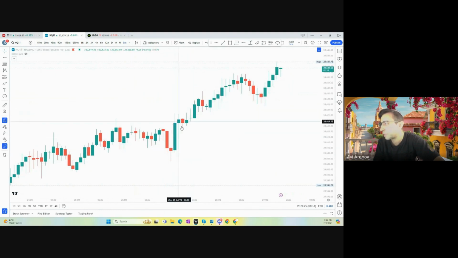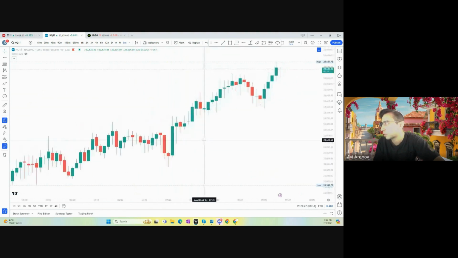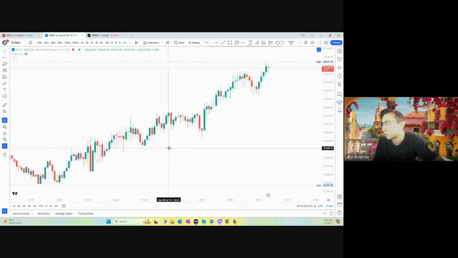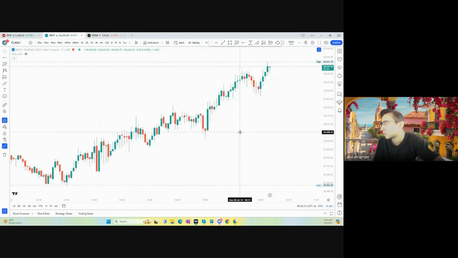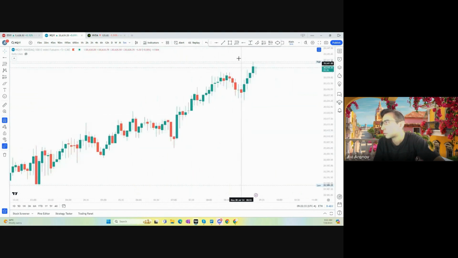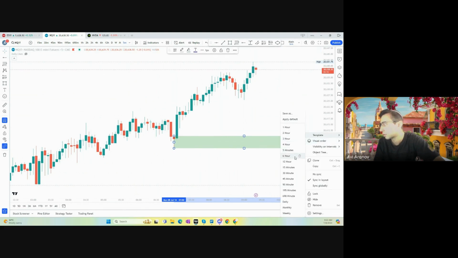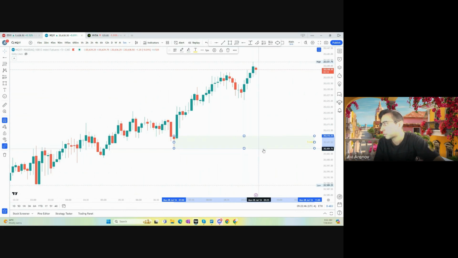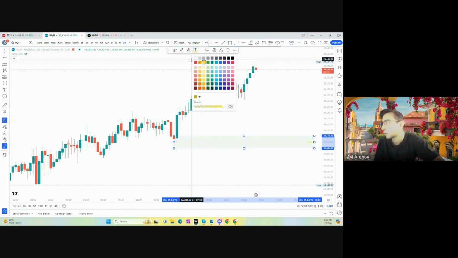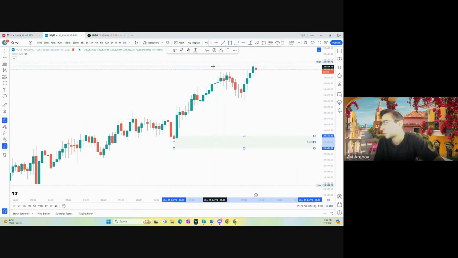It's not the best type of zone, but I would want to see something of such sort in the 5 minutes. Ooh. Let's see, purple.